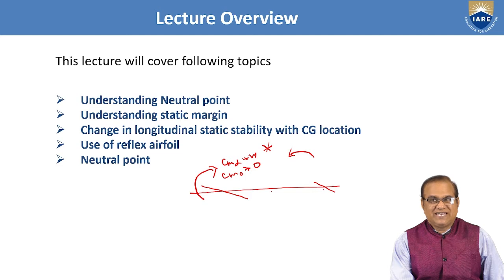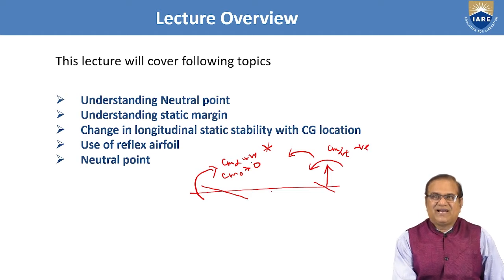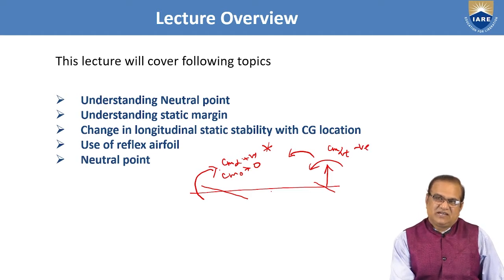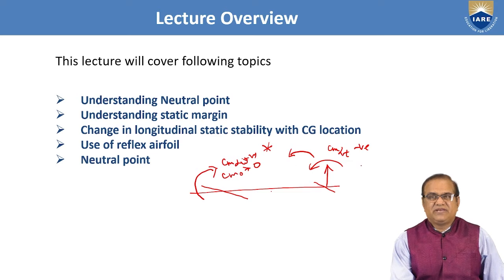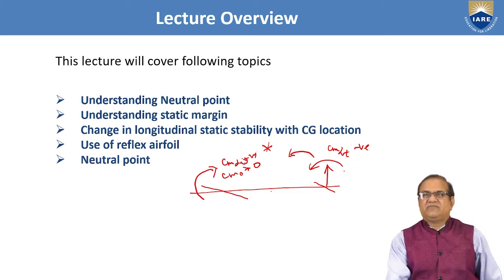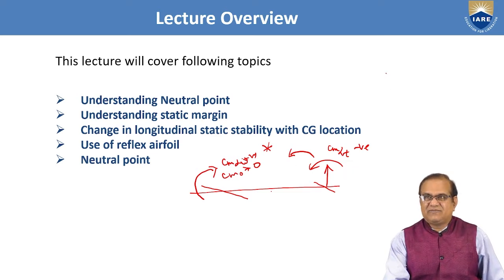We have to use a tail, and the tail will generate a Cm alpha tail negative. This alpha tail will counter the Cm alpha of the wing, and this will be balanced. So the system will be statically stable, and also Cm naught will be positive.